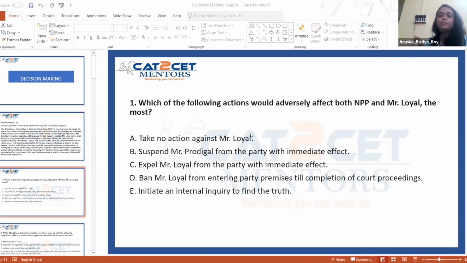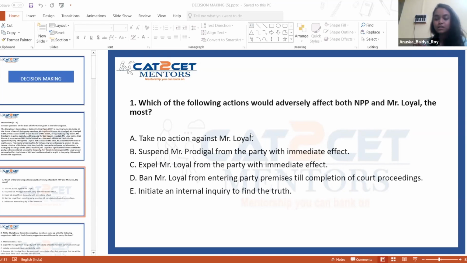Now, there will be instances in decision making where you will find that none of the options are good enough. I mean, they are outrightly stupid options. That is also there. But that's the trick. You have to choose whatever is the best possible option out there. So we will use POE, or process of elimination. And the third thing is, direct effects are always better than indirect effects.